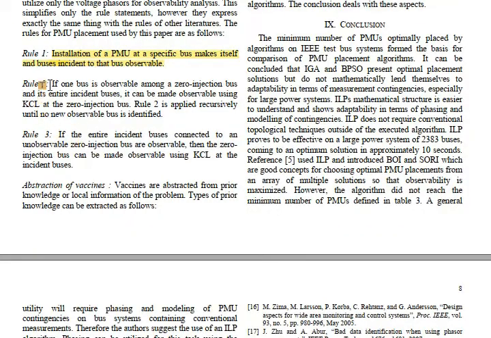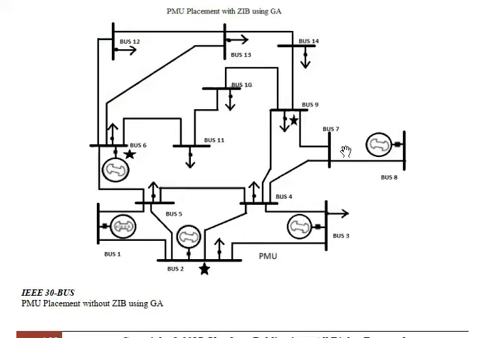So the second rule is, if one bus is observable among zero injection buses. First of all, let's define zero injection buses. A zero injection bus is a bus where no current is being drawn, meaning there is no load at that bus.